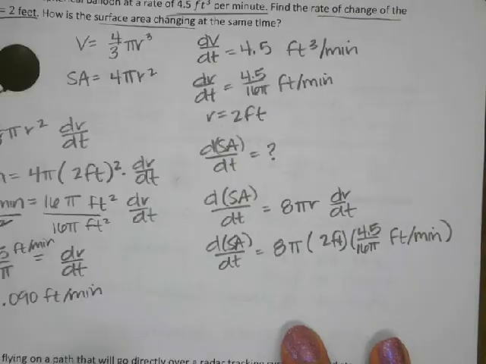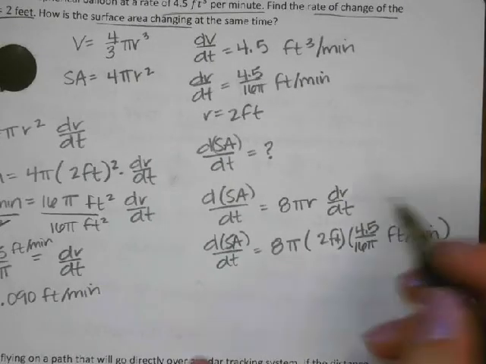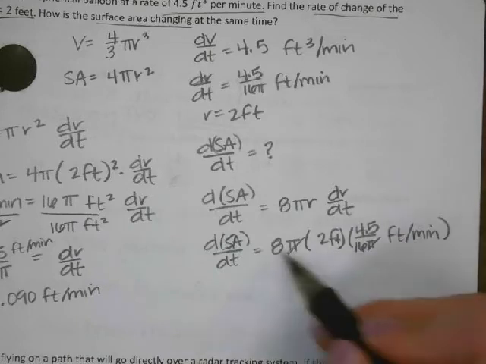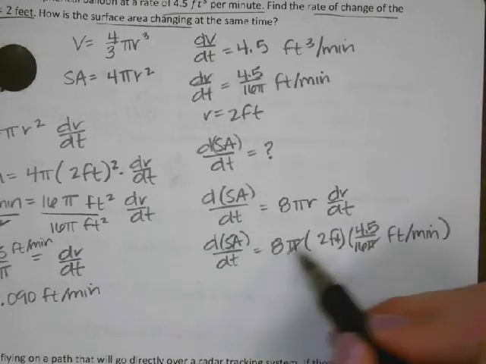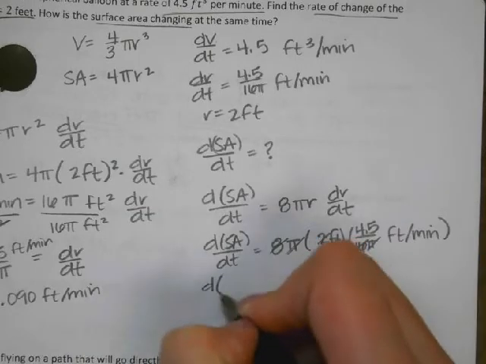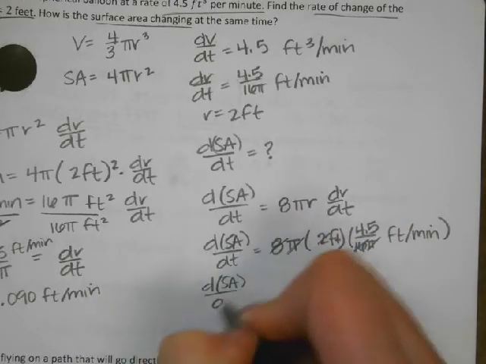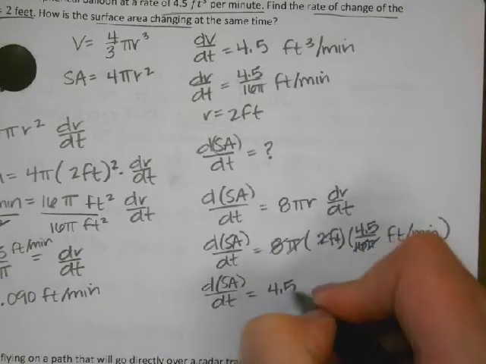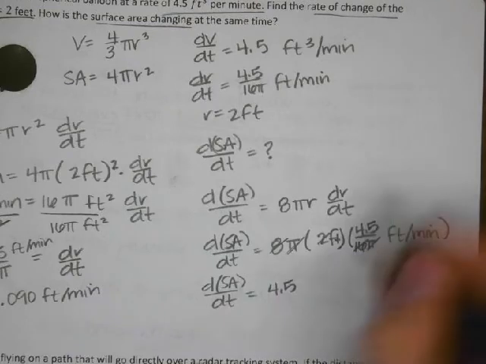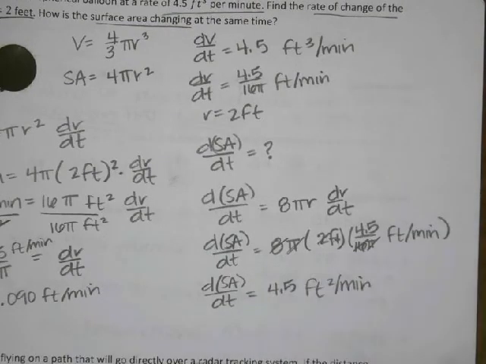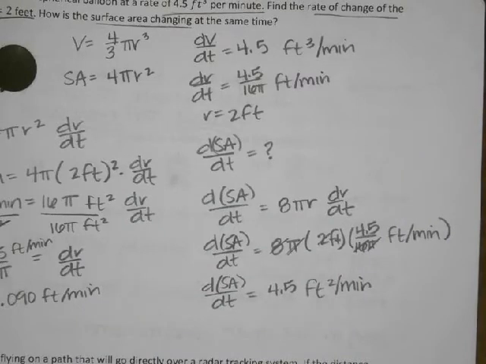All right, so this pi cancels with that pi. 8 times 2 is 16, so this 16 is going to cancel with that 16. And so the surface area is changing at a rate of 4.5 feet times feet, so feet squared per minute. That is a coincidence that that number is the same as the change of the volume. That's not going to be the case every single time.